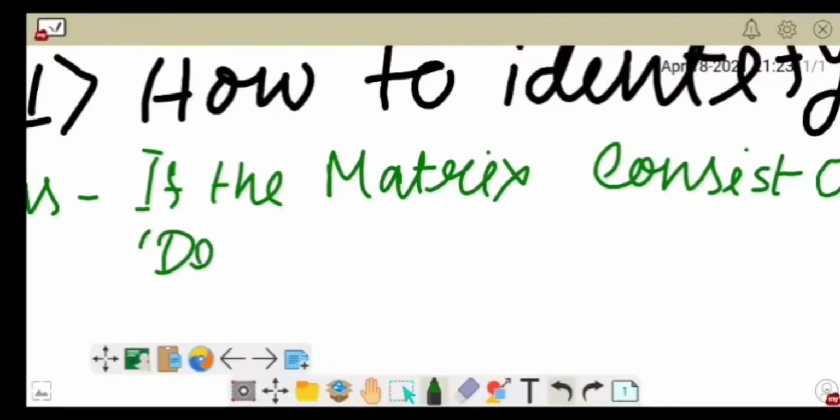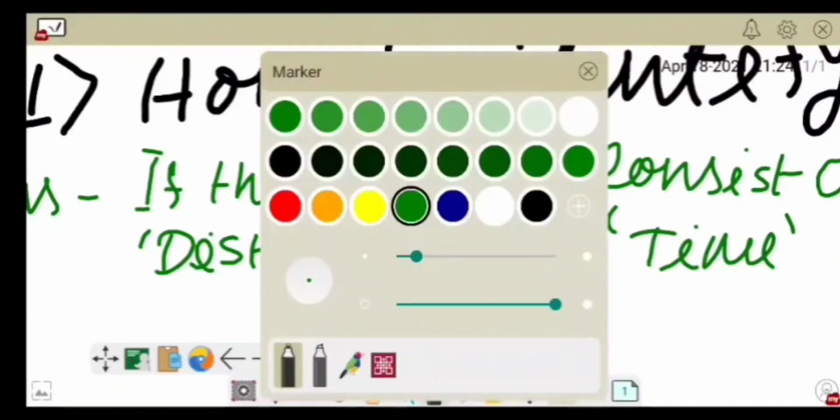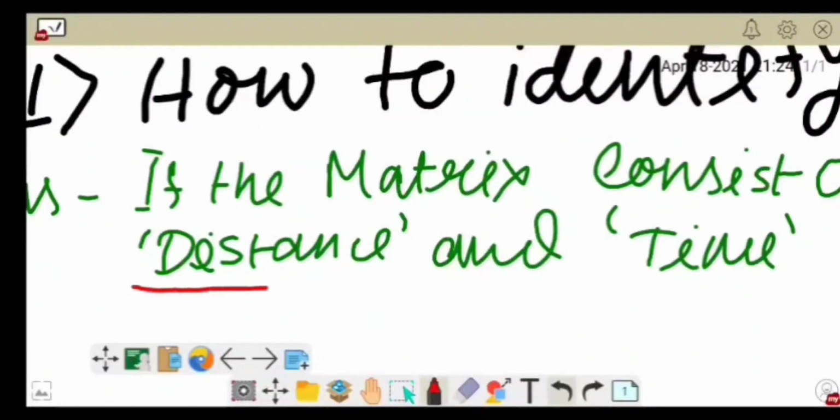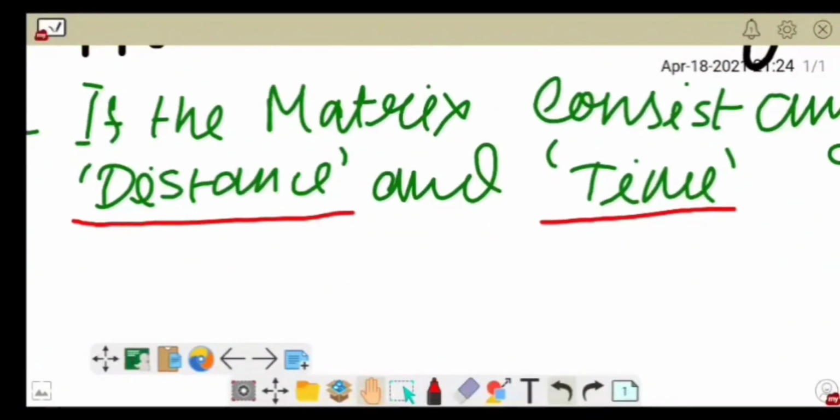Distance. Remember this word, especially distance and time, remember both of these words. I think I should underline both of them in red, distance and time, because these are the terms which are used in a cost matrix or minimization type of problem, mostly duration.